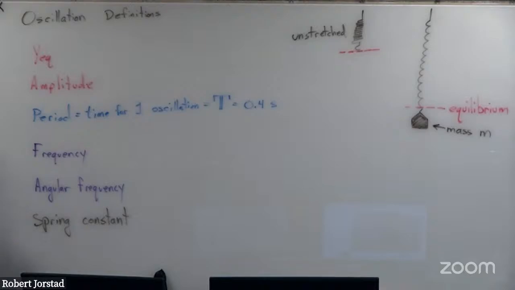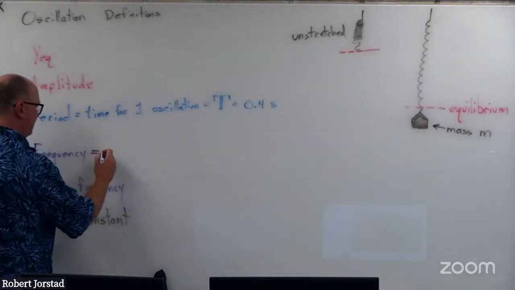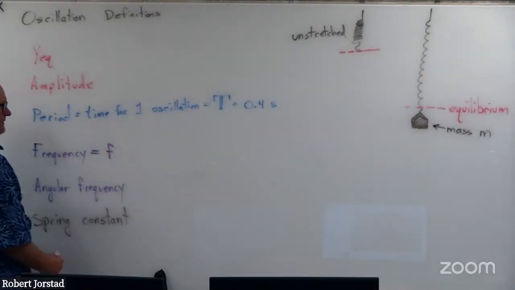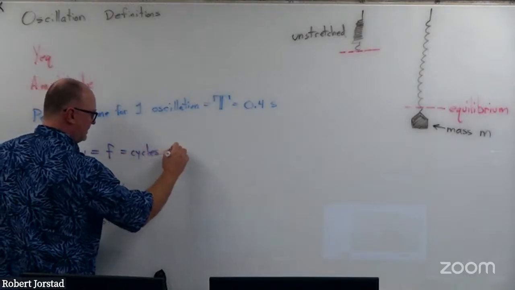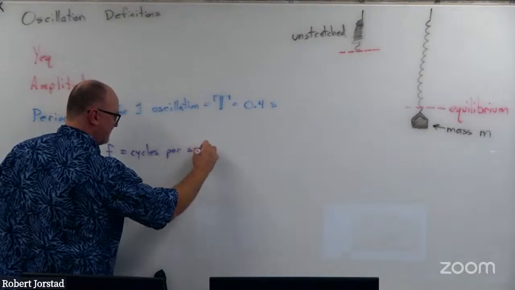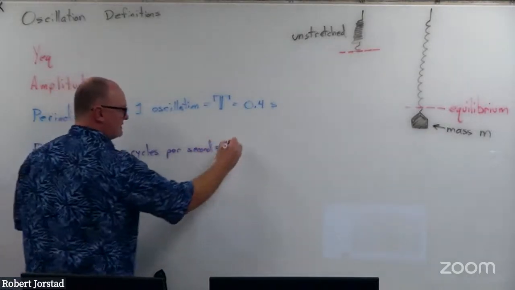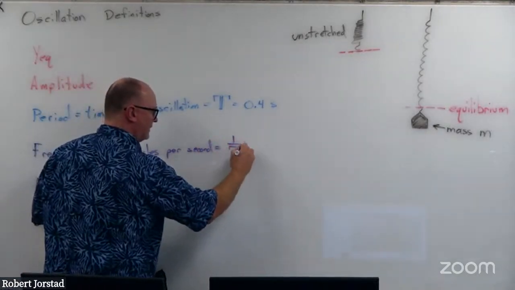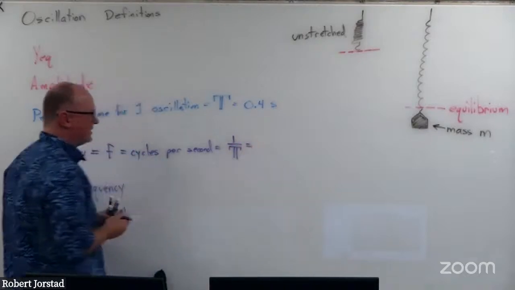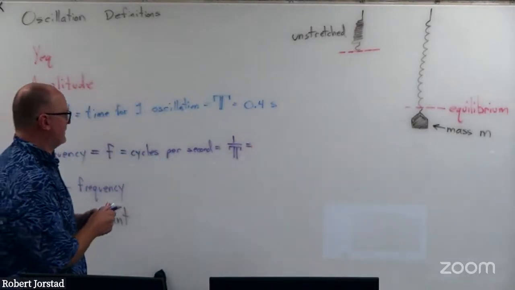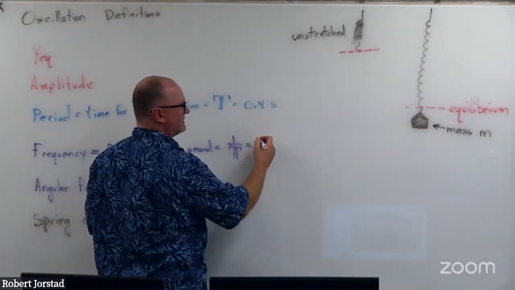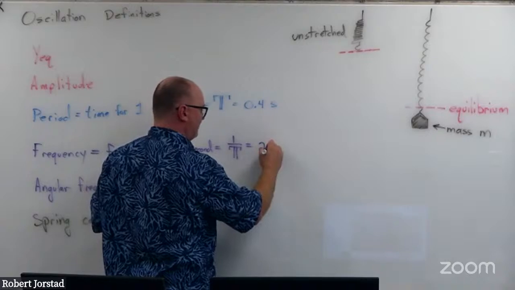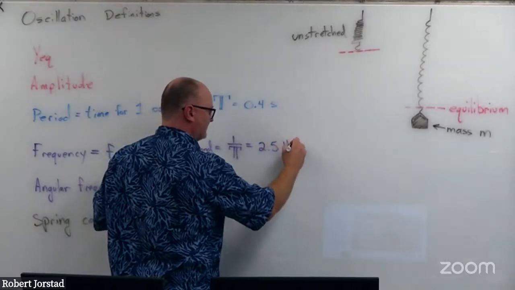Let's go right into the frequency. That's the symbol f. That's cycles per second. It's also equal to 1 over the period, which in this case would be 1 over 0.4. 0.4 is 4/10, so that's 10 over 4, which is 2.5 hertz.